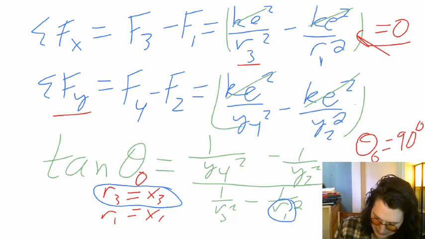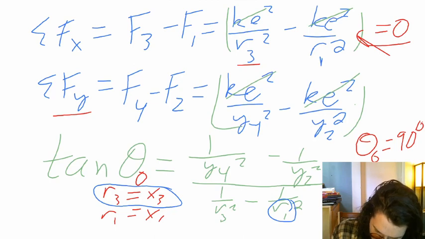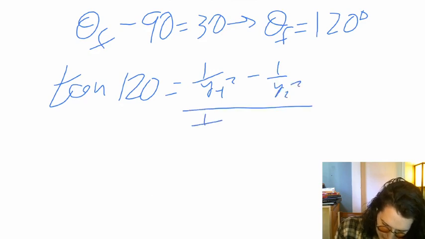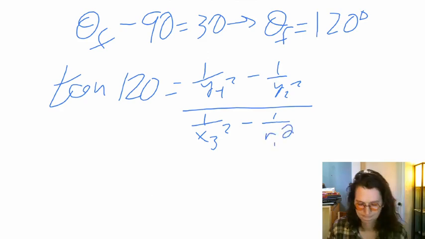So just to write that down, it would be 1 on y4 squared minus 1 on y2 squared over 1 on x3 squared minus 1 on x1. Oh, no, that's actually going to be r1 because this is going to be the unknown that we're solving for.